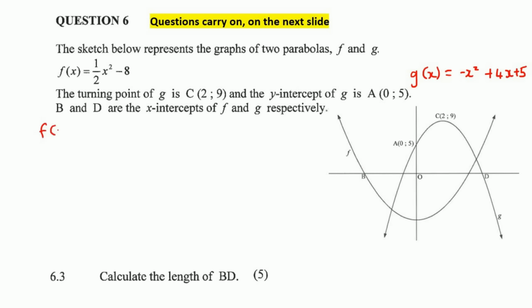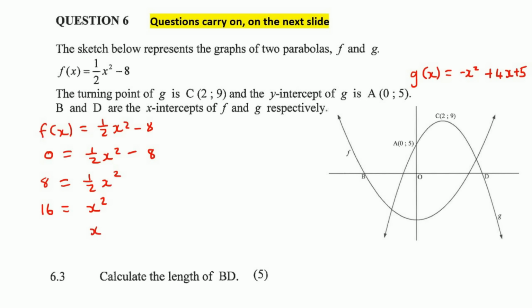So let's start with f. So let's go find its x-intercepts. To find the x-intercept, you make y equal to 0. Take the 8 over. You can multiply this 2 across, or you can say 8 divided by half, whatever you prefer. It's both the same.